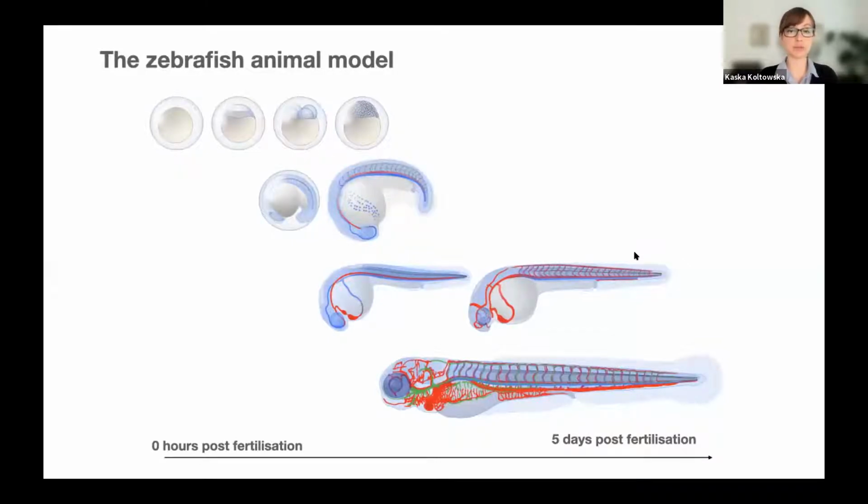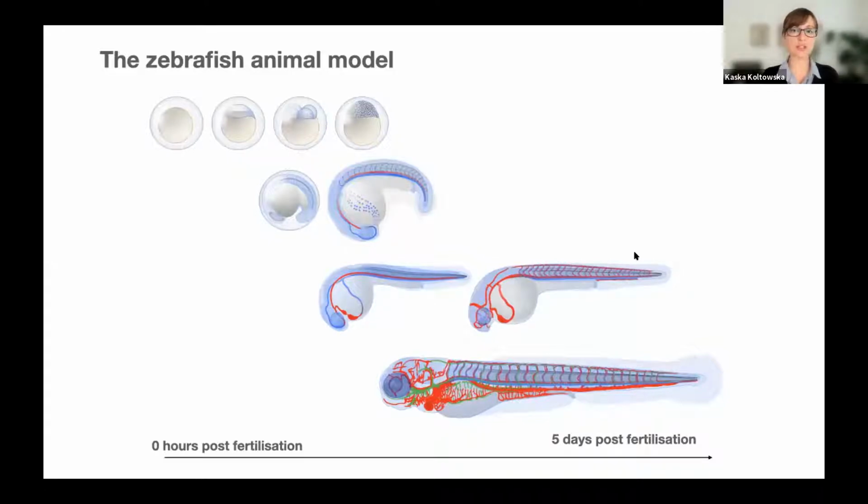This is a very useful model in developmental biology, mostly because the embryos are developing outside of the mother, which means that we have access to the developmental processes as they happen from set, go, start. And we can really follow them throughout the formation of whole tissues.